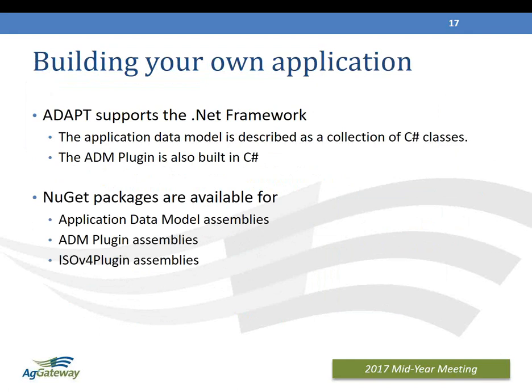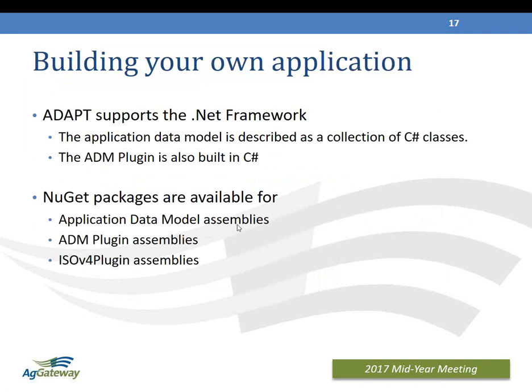The other thing that was a real advantage, a nice piece of work by the technical team, is that they've made the ADAPT framework available in NuGet packages, so that as I begin to develop my application and would like to use ADAPT, I can simply go out and search for the AgGateway ADAPT, and I will find all of these packages that are available.